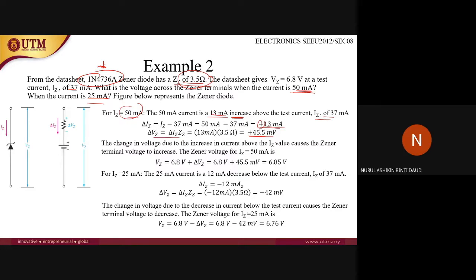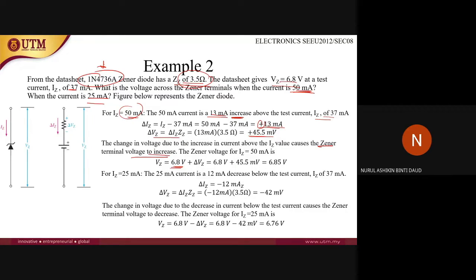So the change in voltage due to the increase in current above the test value causes the Zener terminal voltage to increase. The Zener voltage for IZ equals 50 milliampere is VZ equals 6.8 volts, which is given in the data sheet, plus delta VZ, the change of voltage for the 13 milliampere change of current.